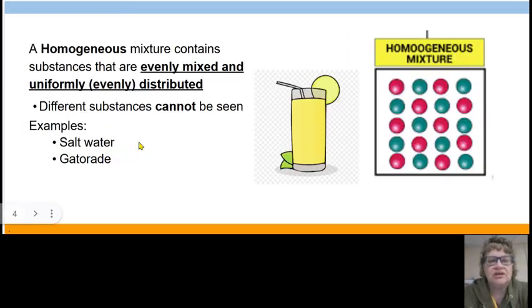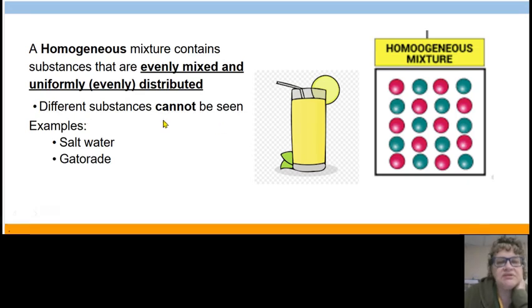A homogeneous mixture contains substances that are evenly mixed and uniformly or evenly distributed. Okay. So a homogeneous mixture has a pattern to it. My pattern here happens to be one red, one green, one red, one green, and then the same thing going down.